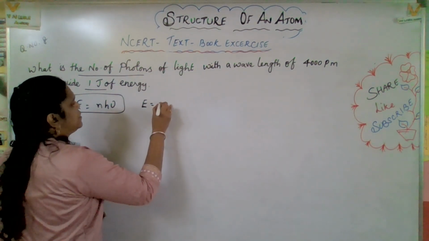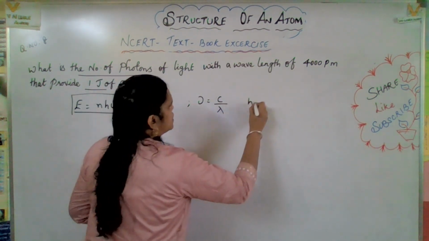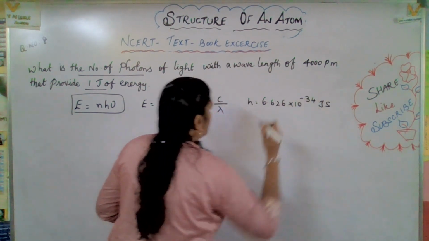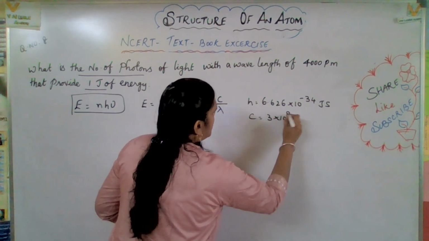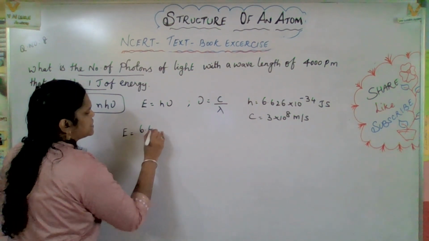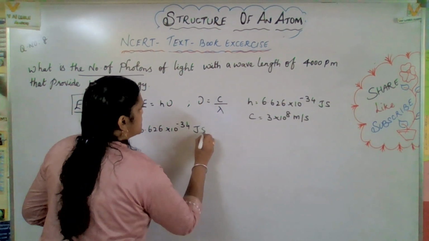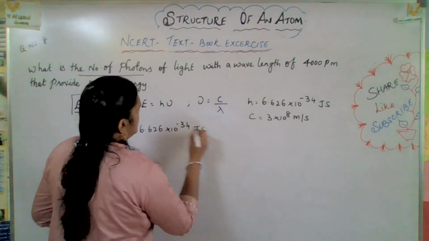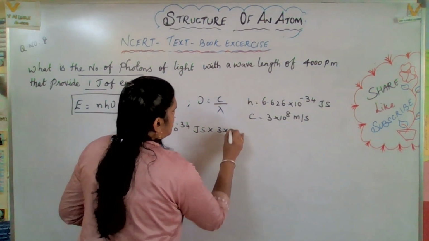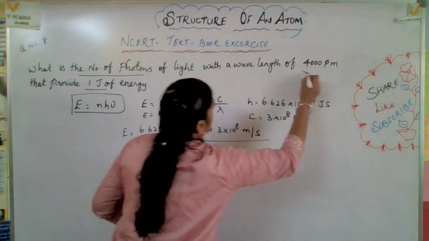Okay, so E equal to h nu, and nu equal to c by lambda. h is Planck's constant, 6.626 into 10 to the power of minus 34 joule second. The c value is 3 into 10 to the power of 8 meter per second. So E equal to hc by lambda, that is 6.626 into 10 to the power of minus 34 joule second into 3 into 10 to the power of 8 meter per second, divided by 4000 picometer.